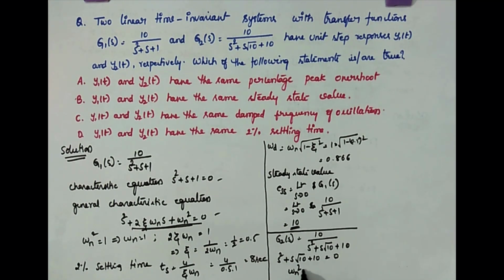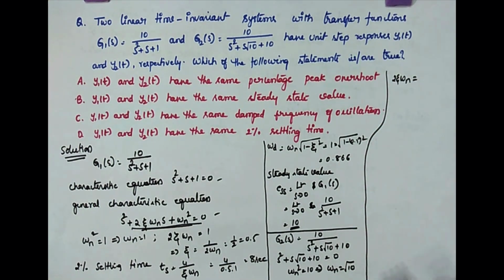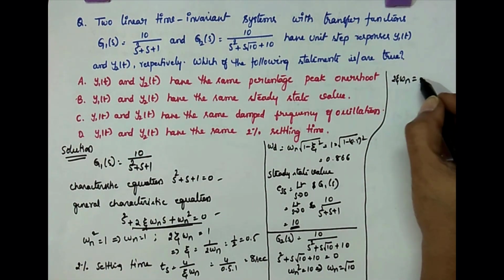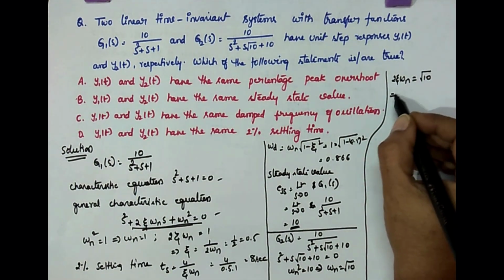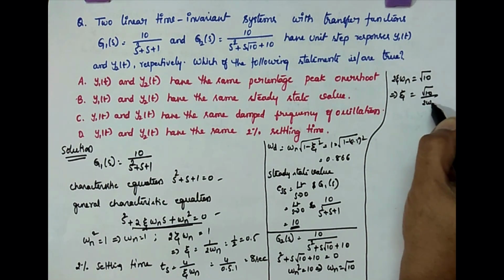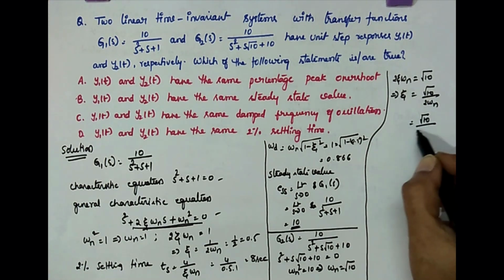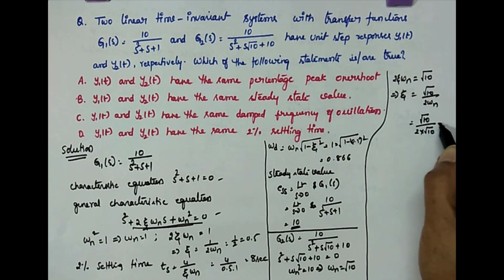So ωn² is equal to 10, which implies ωn is √10. And next 2δωn is √10, which implies δ = √10/(2ωn), √10/(2√10), that is 0.5.